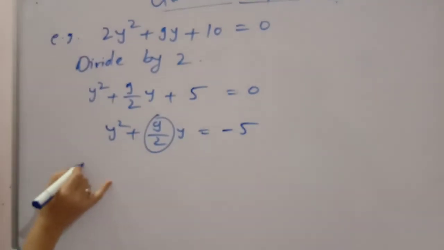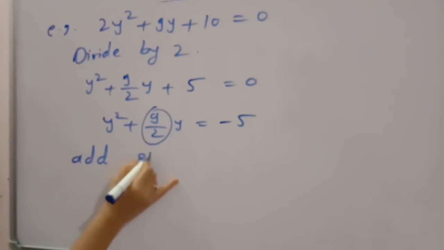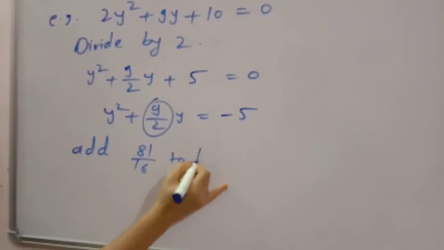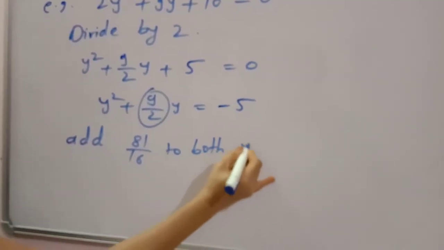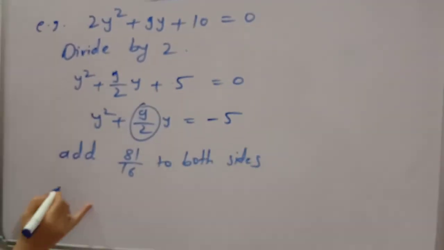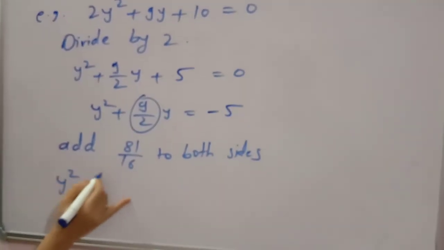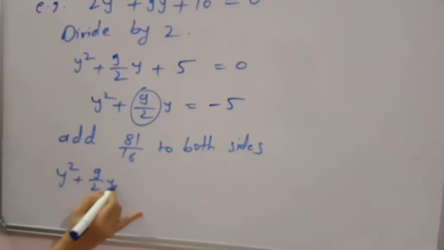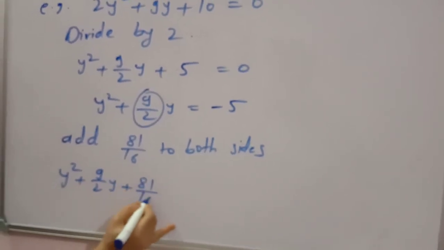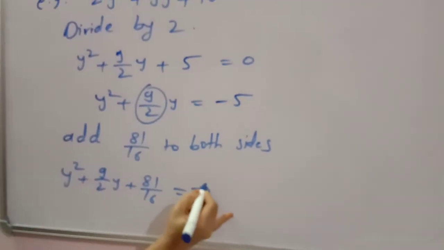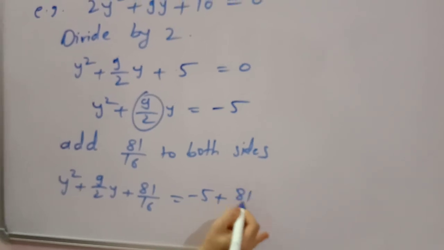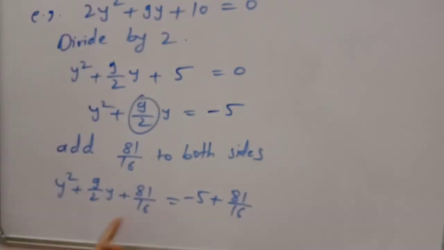So add 81 upon 16 to both sides. That is y square plus 9 upon 2y plus 81 upon 16 equal to minus 5 plus 81 upon 16. I have added it to both sides.